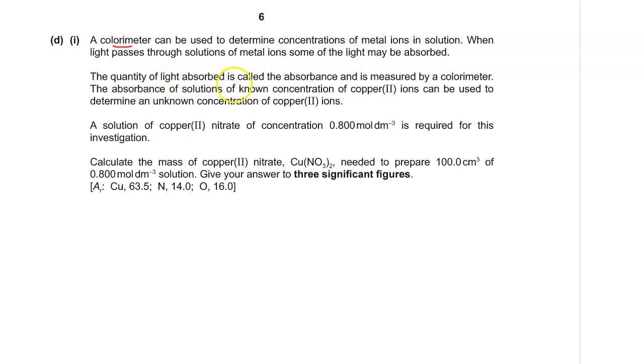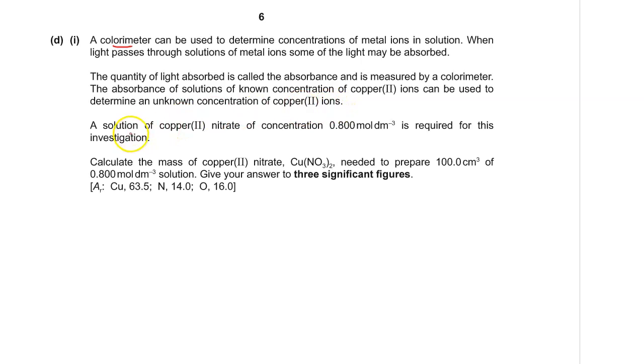The quantity of light absorbed is called the absorbance and is measured by a colorimeter. The absorbance of a solution of known concentration of copper 2 ions can be used to determine the unknown concentration of copper 2 ions.